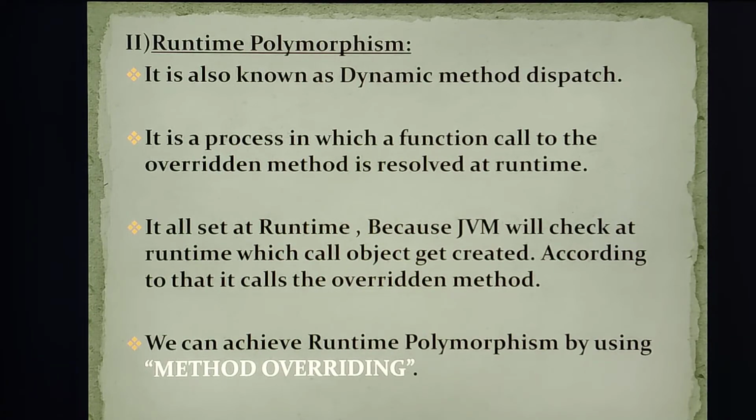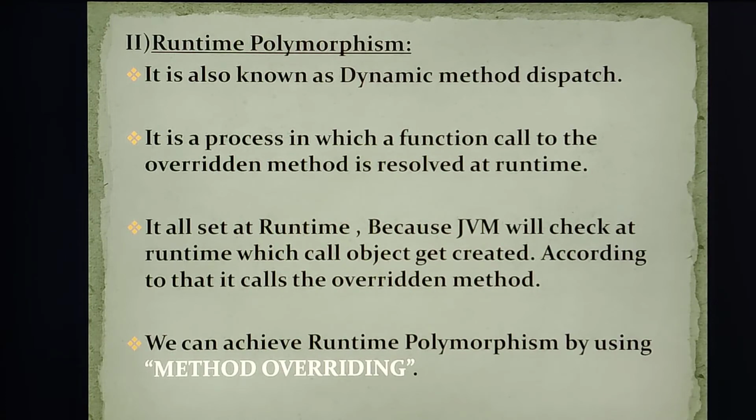So guys, what is meant by overridden method? Suppose the M1 method is present in the parent class and I extend the parent class from the child. So child extends parent, and the M1 method is also available in the child class.